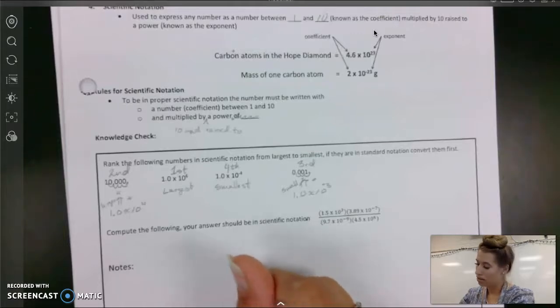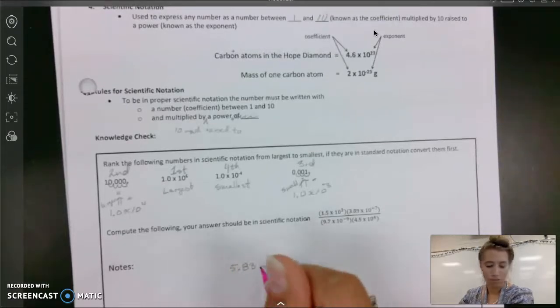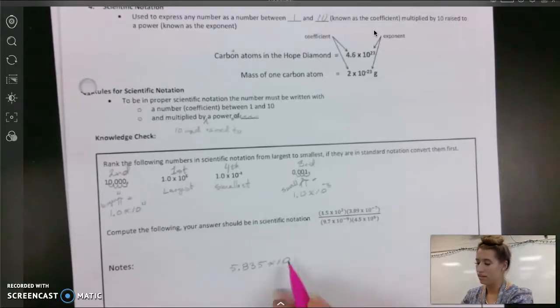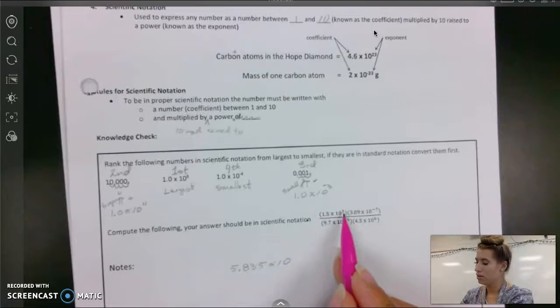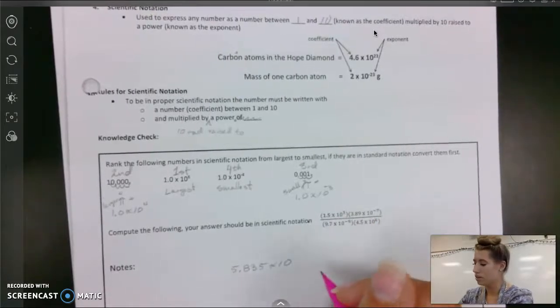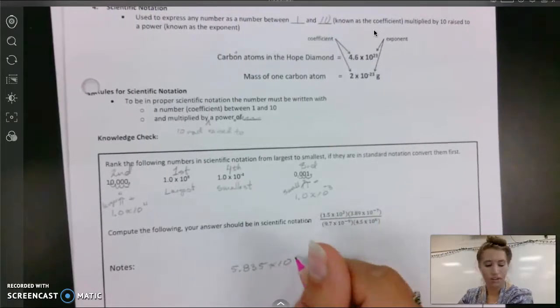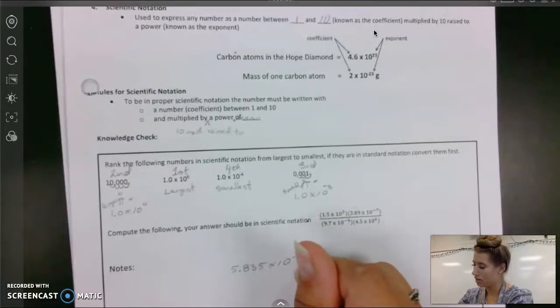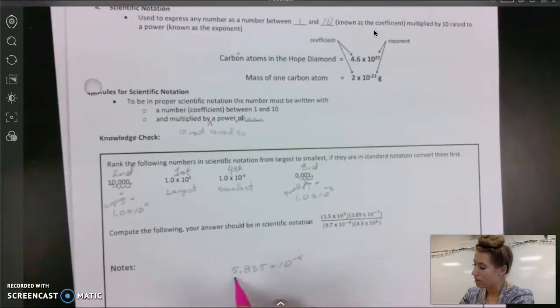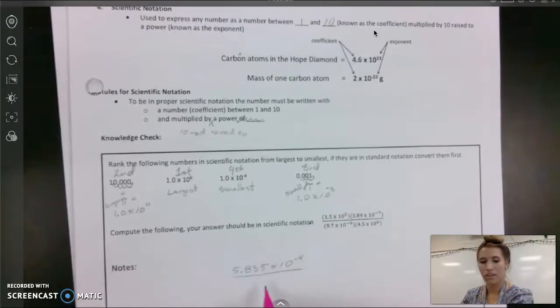Okay, and that gives you 5.835. Okay, times 10, well, times 10 to the what? So we're going to take 3 and we're going to add that to our -7. So a +3 plus a -7 is going to give us a -4 value. Okay, so there's the top of the fraction. Now we're going to look at the bottom of the fraction.